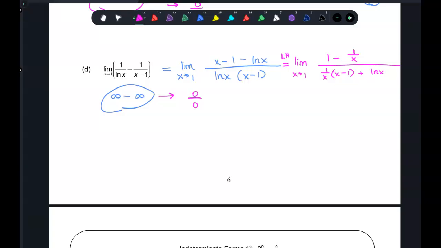Right, I always do it the other way. So it's 0. Well, we still get 0 over 0.